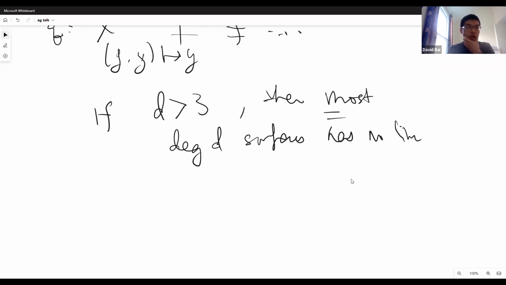And we can also try constructing surfaces, which is actually quite hard, and that does give you some lower bound, which is also quadratic. So we know asymptotically it's quadratic in d, but the general case is actually still open.